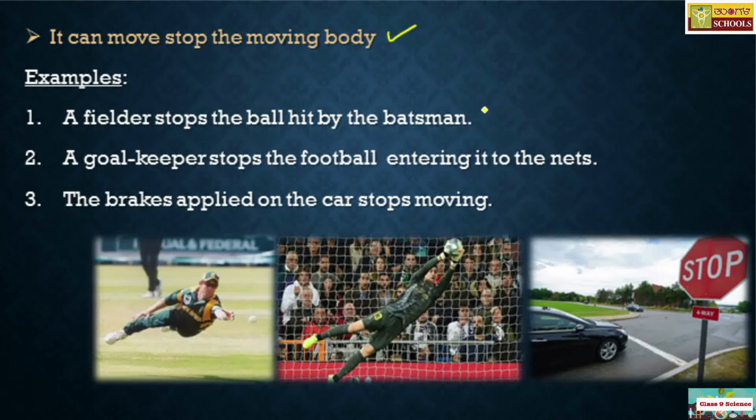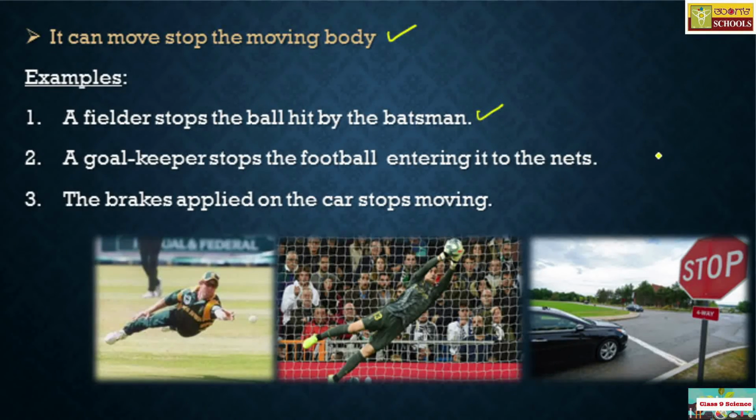To give some light to this statement, we have some examples here. A fielder stops the ball hit by the batsman. In the picture you can see Jonty Rhodes trying to stop the ball. So with the application of force, he can stop the ball. A fielder like Jonty Rhodes or any other cricketer or athlete can stop the ball hit by the batsman.